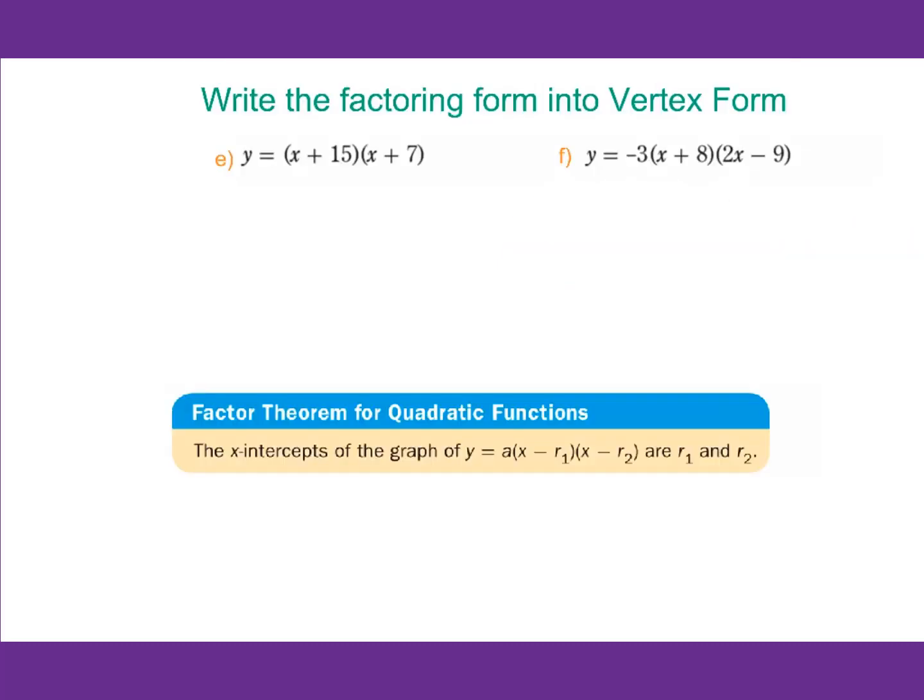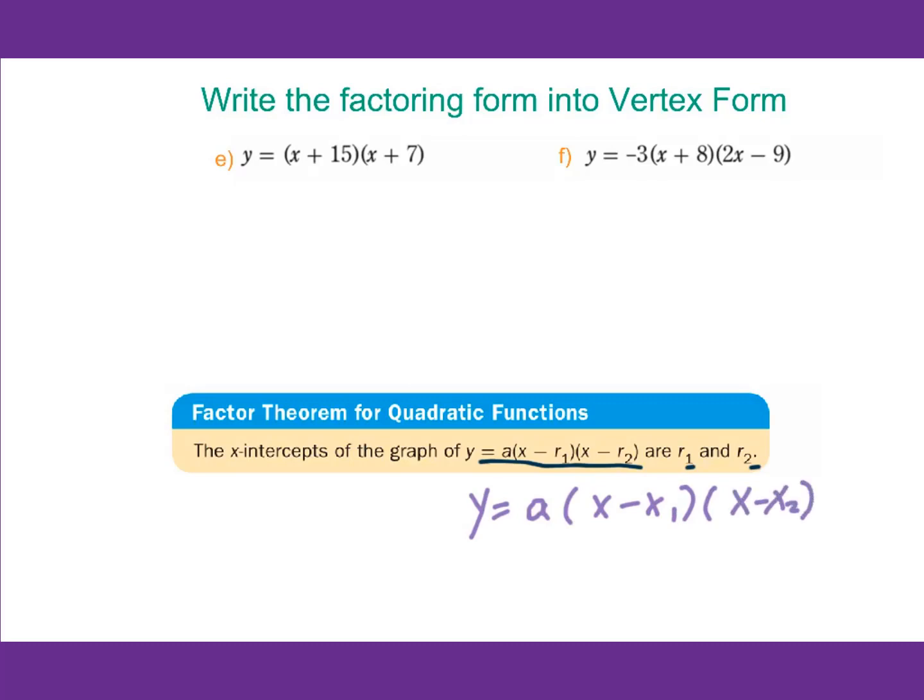Write the factoring form into vertex form. As we know, factoring form for a quadratic function is this one. And the roots will be r1 and r2. Sometimes you can use y equals a, x minus x1, then x minus x2.